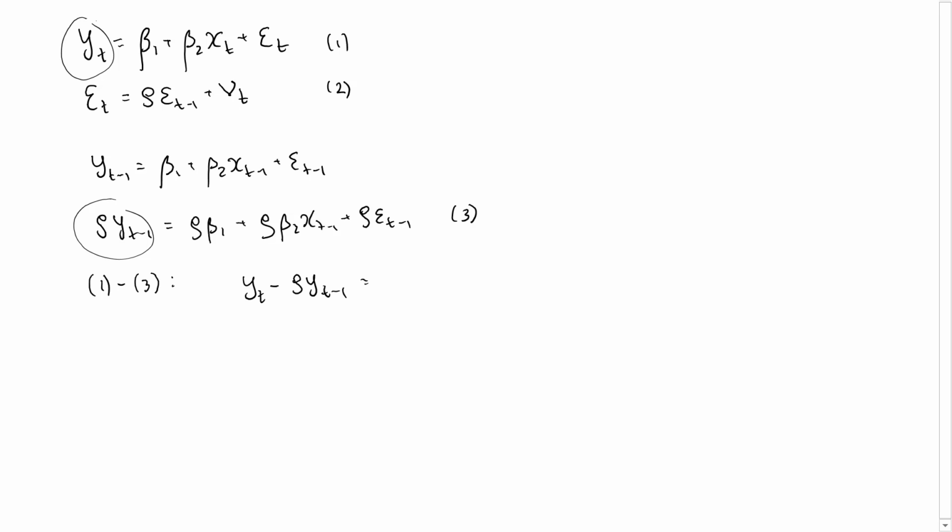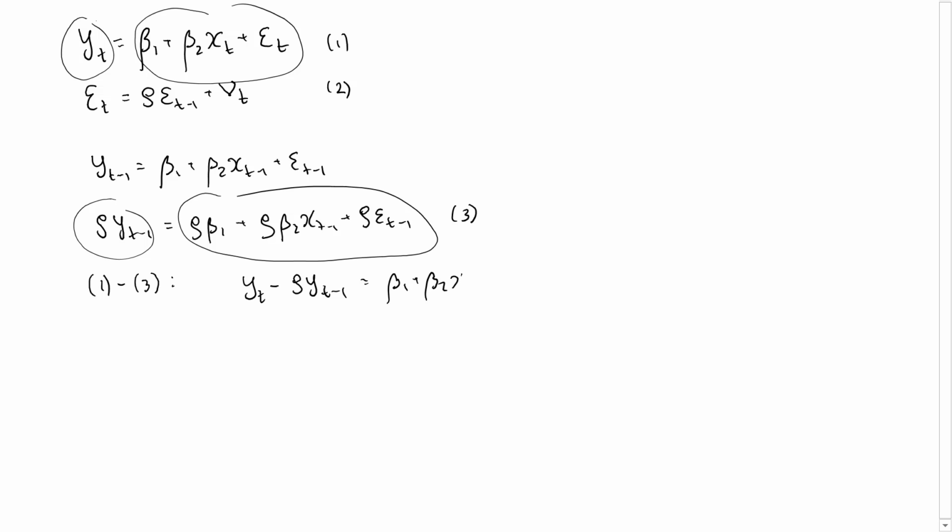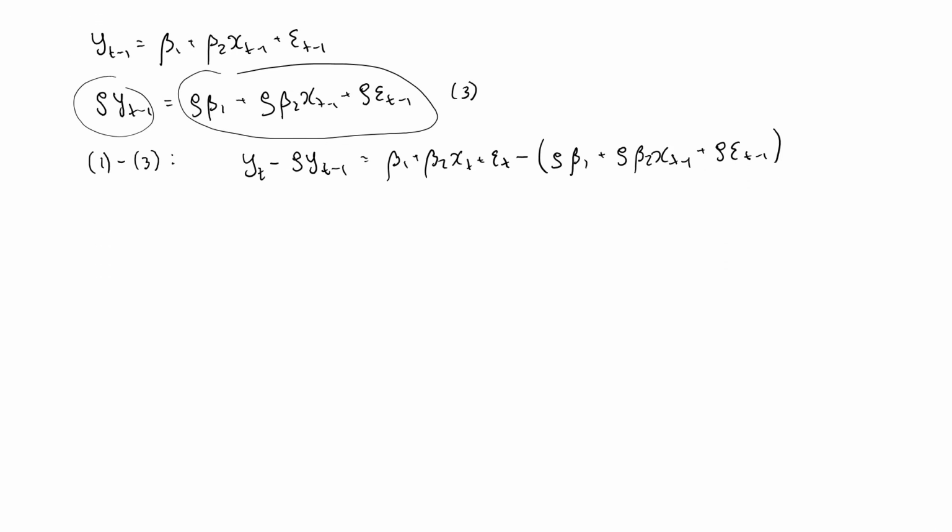And on the right hand side, I do this part minus this part. So I have beta 1 plus beta 2 x t plus epsilon t minus, and let's do a parenthesis so we get the minus sign on all terms, rho beta 1 plus rho beta 2 x t minus 1 plus rho epsilon t minus 1. So let's open the parentheses and put the parameters that belong together.